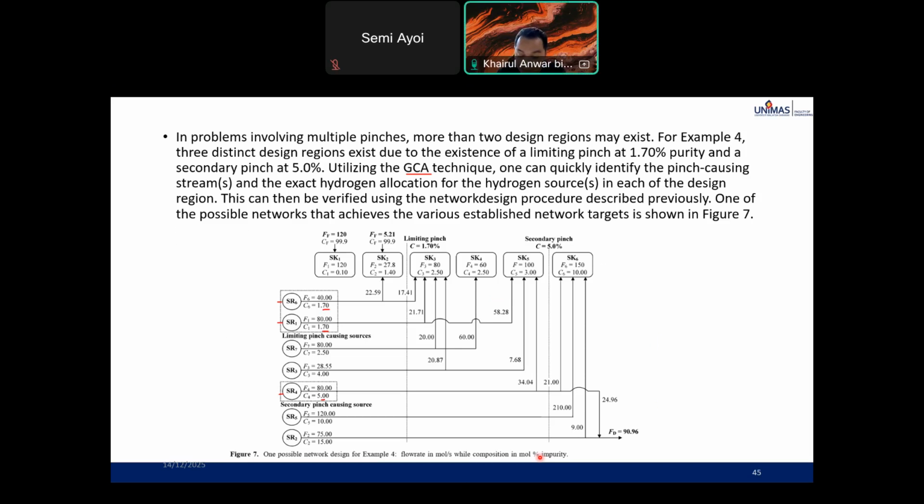A debottlenecking strategy will only be beneficial when the hydrogen source flow rate is increased above the limiting pinch. Alternatively, decreasing the need of hydrogen sinks in the region above the limiting pinch will also achieve the debottlenecking objective. This is another area where quick and accurate location of the true pinch point and target is important.